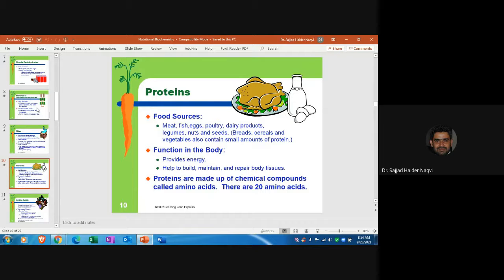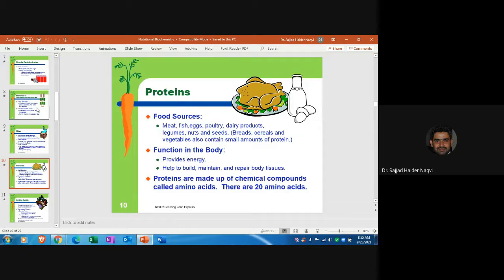The protein that we consume in our diet is the primary source of those amino acids, which we actually utilize to synthesize our own protein required by the body.